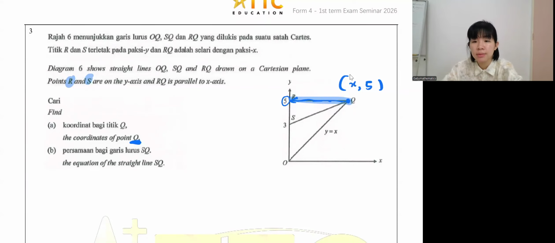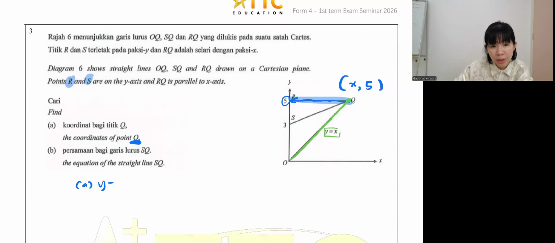How about X? You have another line that joins to Q. Given this equation, y equals x.